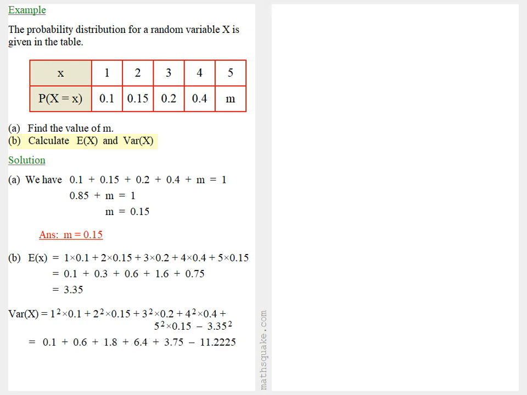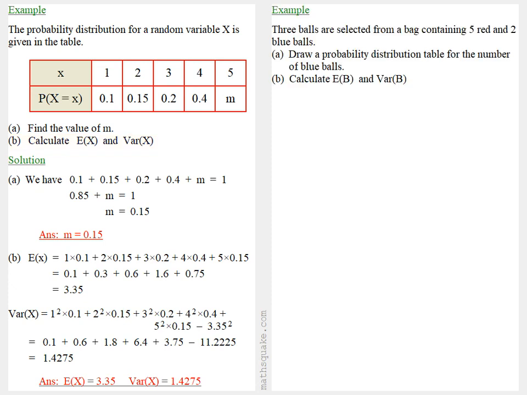Now this is 0.1 plus 0.6 plus 1.8 plus 6.4 plus 3.75 minus 11.2225, which works out to be 1.4275. So the expectation is 3.35 and the variance is 1.4275.